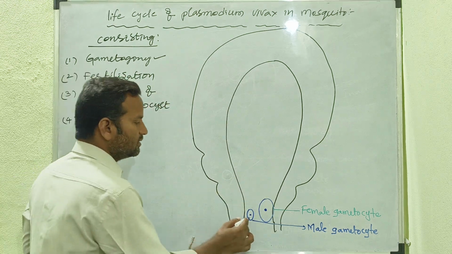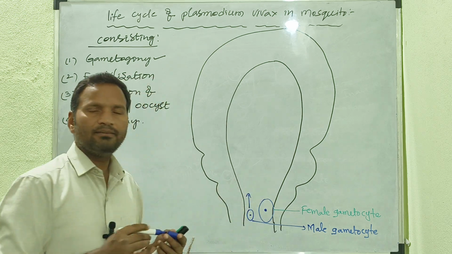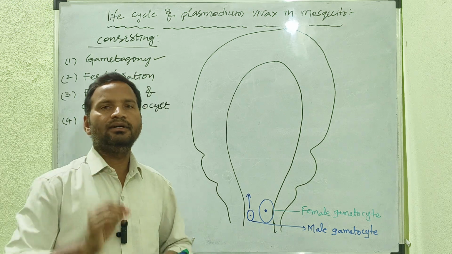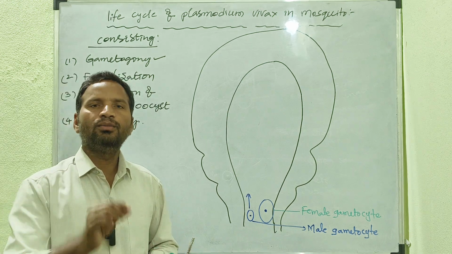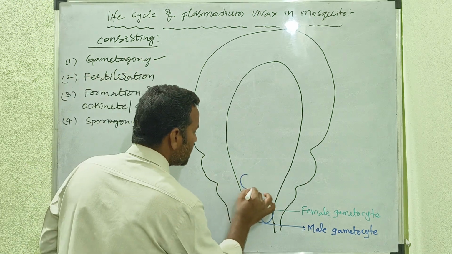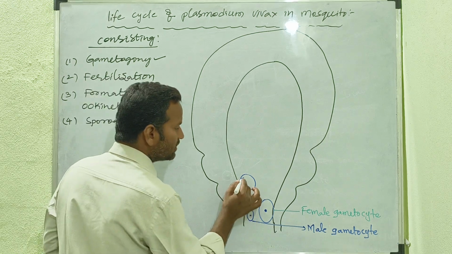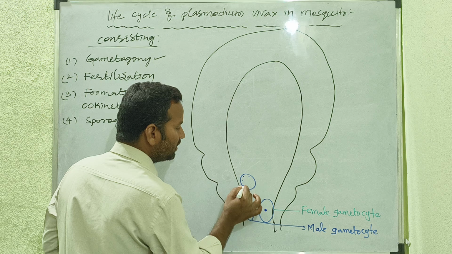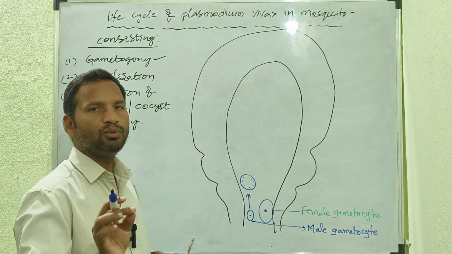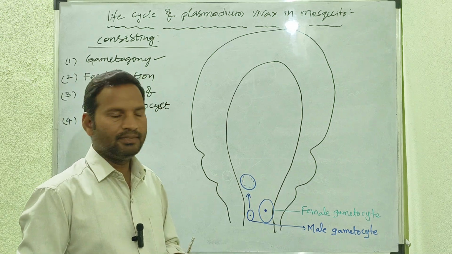This is the male gametocyte, in which the nucleus is divided into 8 daughter nuclei, called pronuclei, which then move to the periphery of the cytoplasm.